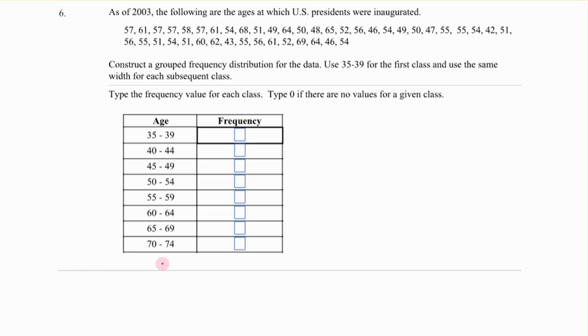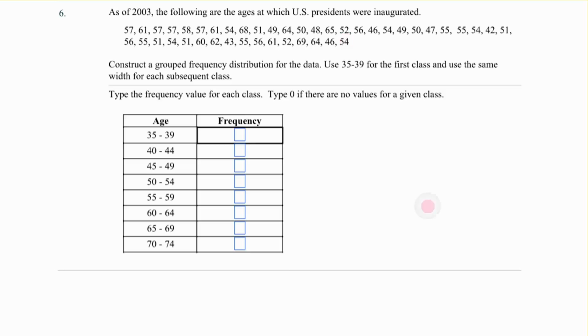All right. We're going to count from our table. 35 to 39. So I'm scanning 35 to 39, so in the 30s.